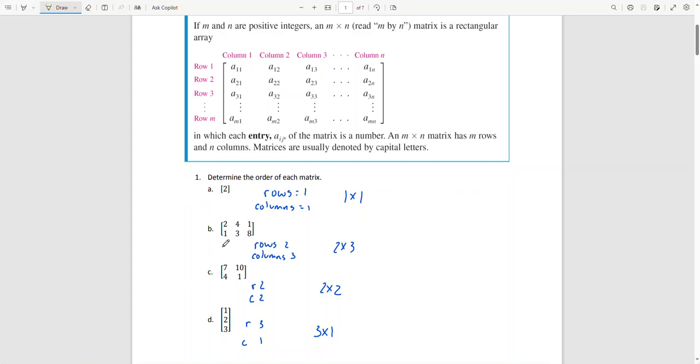So let's look at this second matrix. There are two rows that go across, so two rows. 1, 2, 3 columns. So this is a 2 by 3 matrix, all right? 2 by 3. In the next one, there are two rows, so R is 2. I got tired of writing rows and columns.